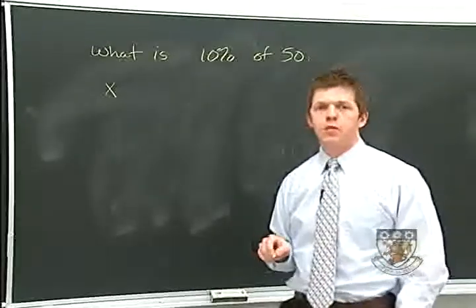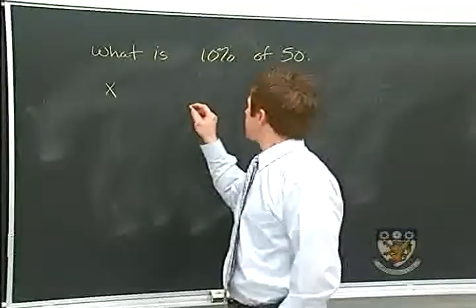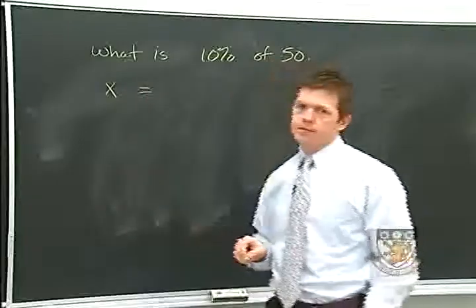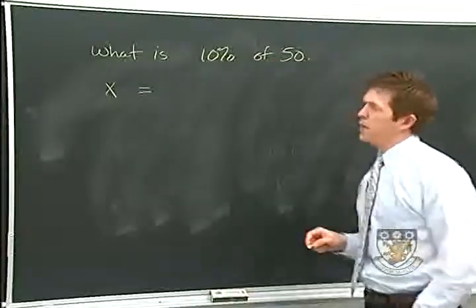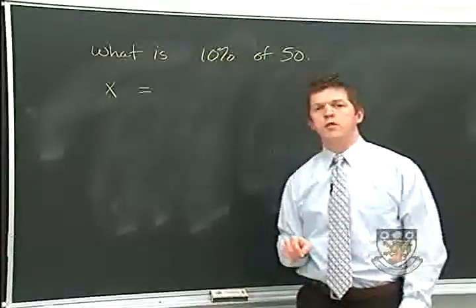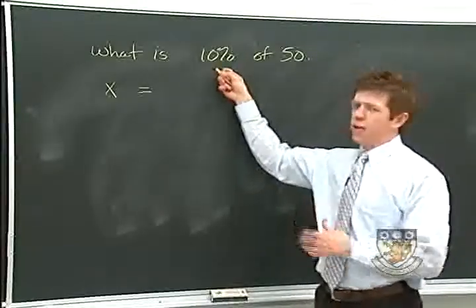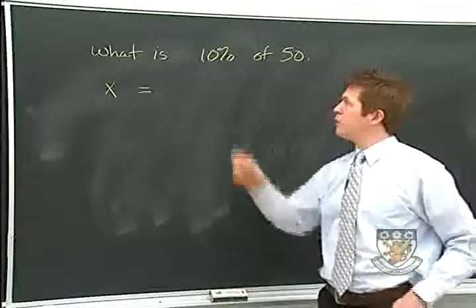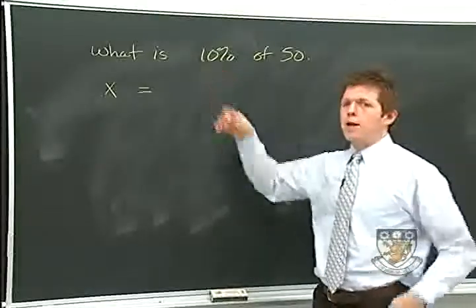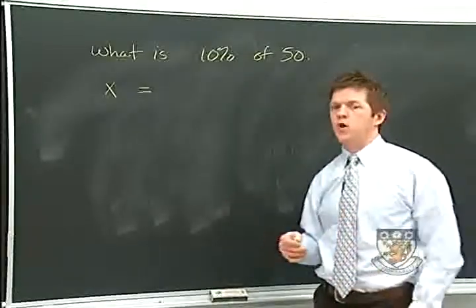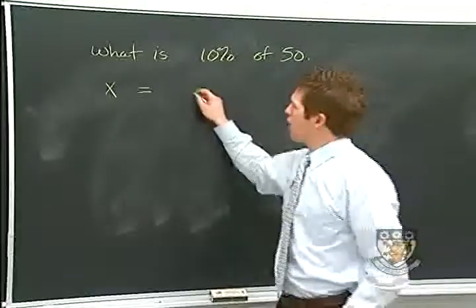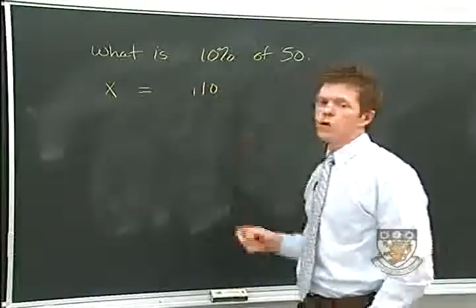Is, in math word problems, always means equals. We have 10%. You can't do calculations with percentages. So you have to be able to go from a percentage to a decimal very quickly, because you cannot use 10% and multiply it and so forth. It won't work that way. So we have to write it as 0.10 or 0.1.